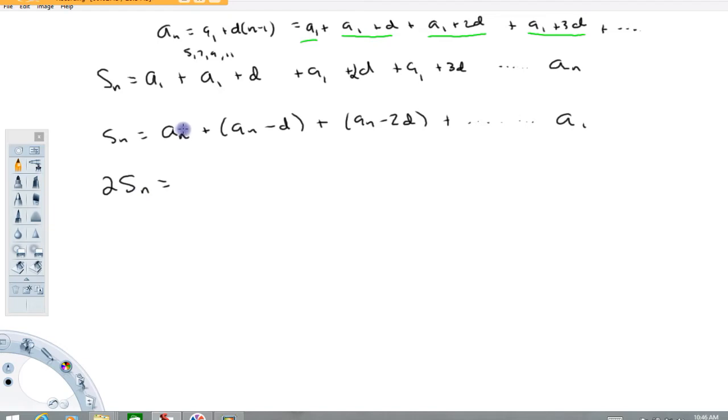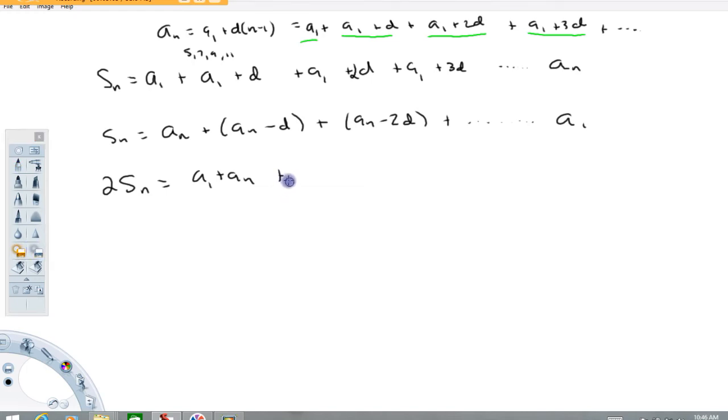Now, if we look at this, there's a grouping here. Look at if I group these together: A1 plus A sub n, plus, here's another A1 plus A sub n. Here's another A1 plus A sub n. And there's going to be another one here, here, here, here. We're going to get all the way to n. There's going to be n of those.